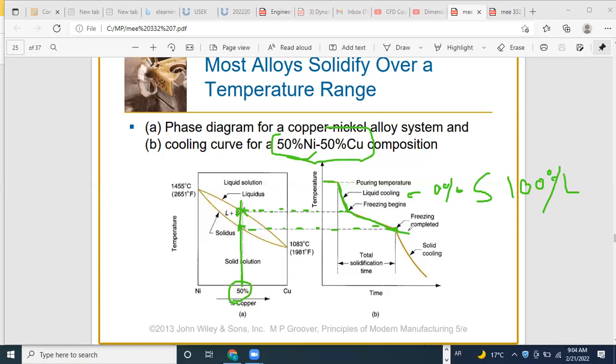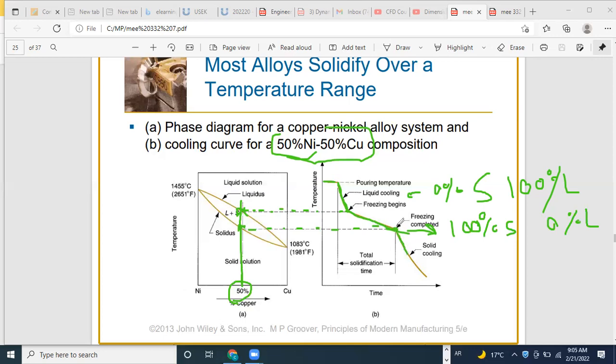So here we have a complete switch in percentages, and any point in between will be a mixture of solid and liquid.